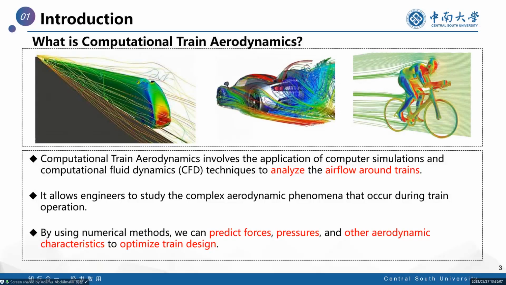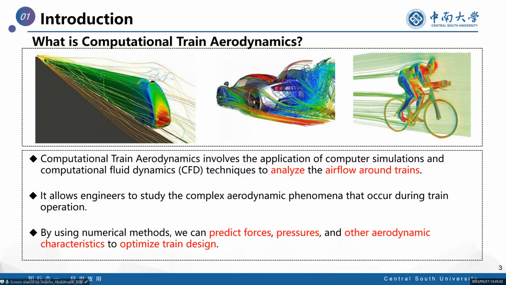So we want to analyze how these airflows affect the train itself, and also the surrounding environment that this train is being operated in. So it allows engineers to study the complex aerodynamic phenomena that occur during train operation.